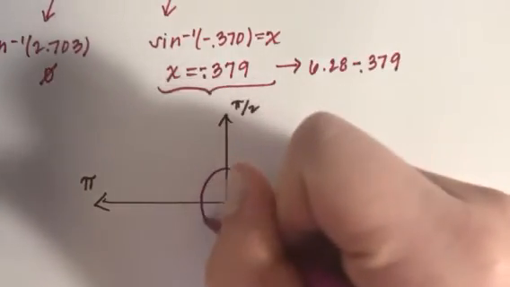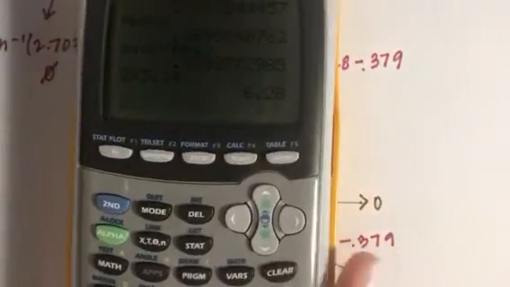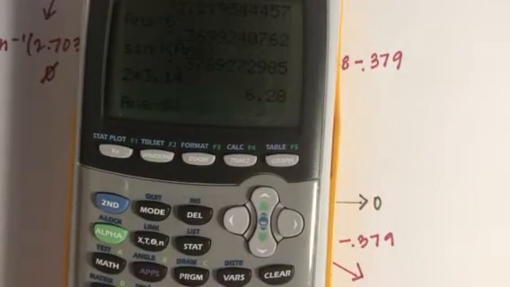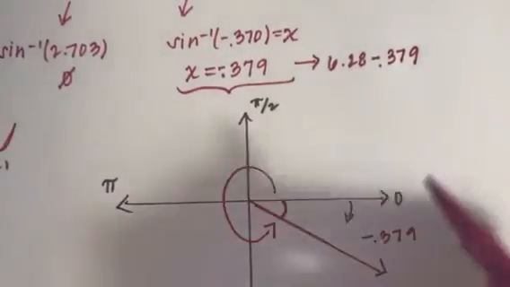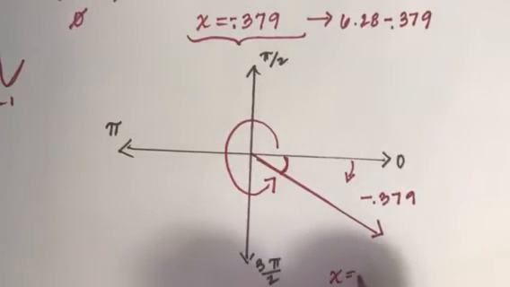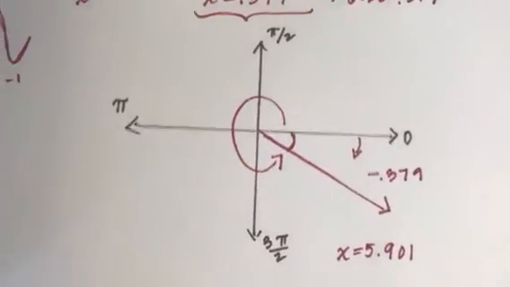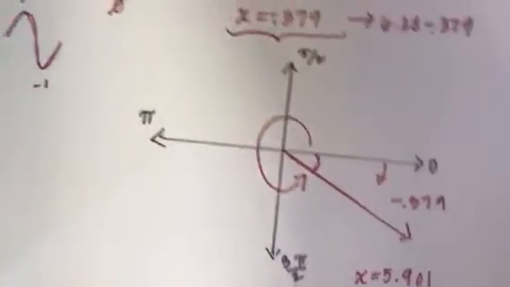So if I want the positive angle value here, I'm just subtracting that from 6.28. So 6.28 minus 0.379 is going to give me 5.901. So one of my x values is going to be 5.901.